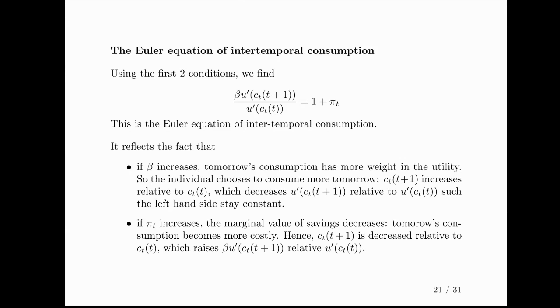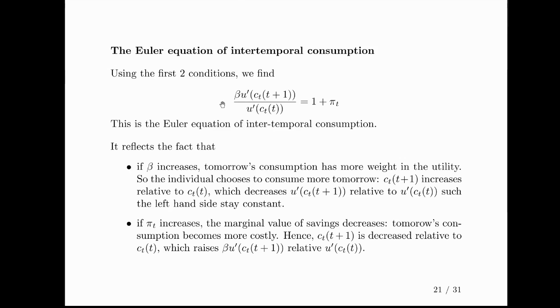It describes how I want to think about my spending in the present versus in the future, according to two factors: the inflation, 1 plus pi t, and my preference for the present. Beta here, as a reminder, you could think of it as equal to 0.9 or 0.99, for instance. So it's a discount of the future.